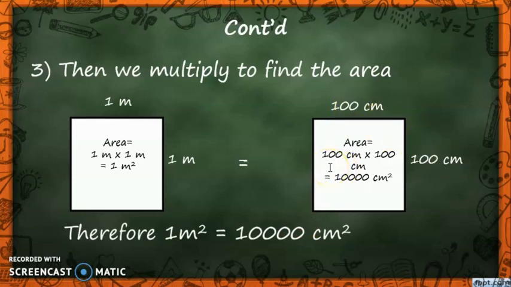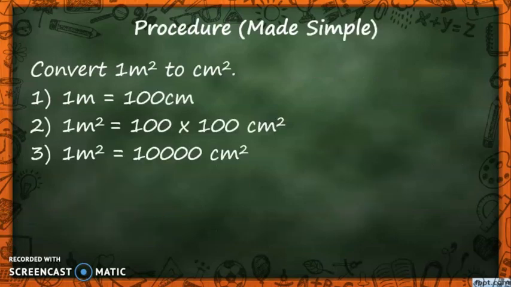Alright? So to simplify what we have just done, we simply first convert. So we do not start from meter square and centimeter square. We start from meters to centimeters. We use the foundation. So we know that 1 meter equals 100 centimeters. So then, since we know that, we look at what 1 meter square equals in centimeter square.